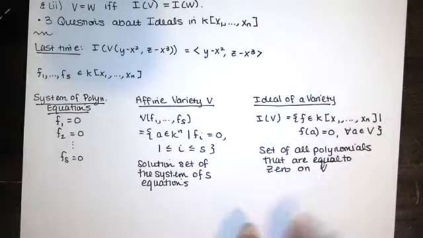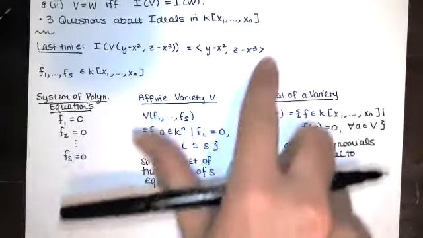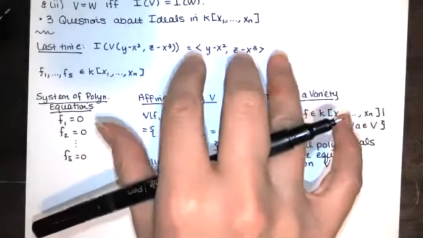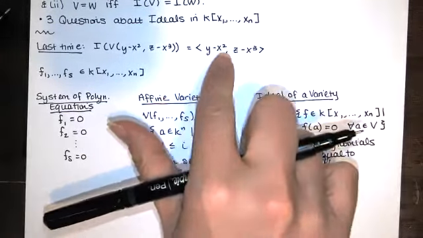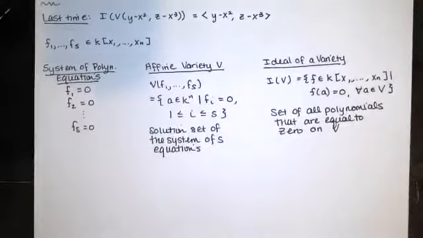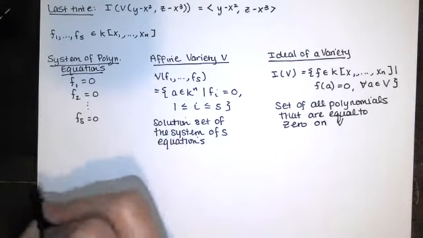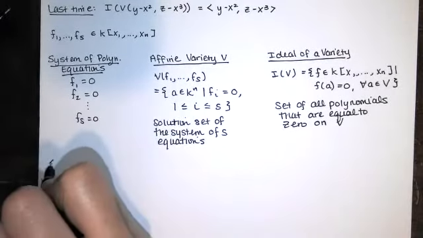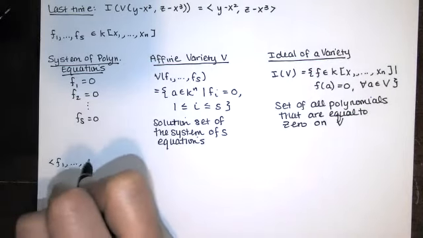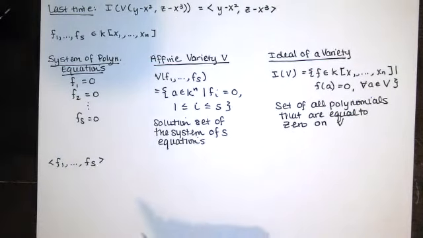Now you might be saying, okay, well, how does that relate to this? Remember what this is. This is called the ideal generated by the polynomial functions y minus x squared and z minus x cubed. In general, an ideal generated by polynomials f sub 1 through f sub s is denoted like this.